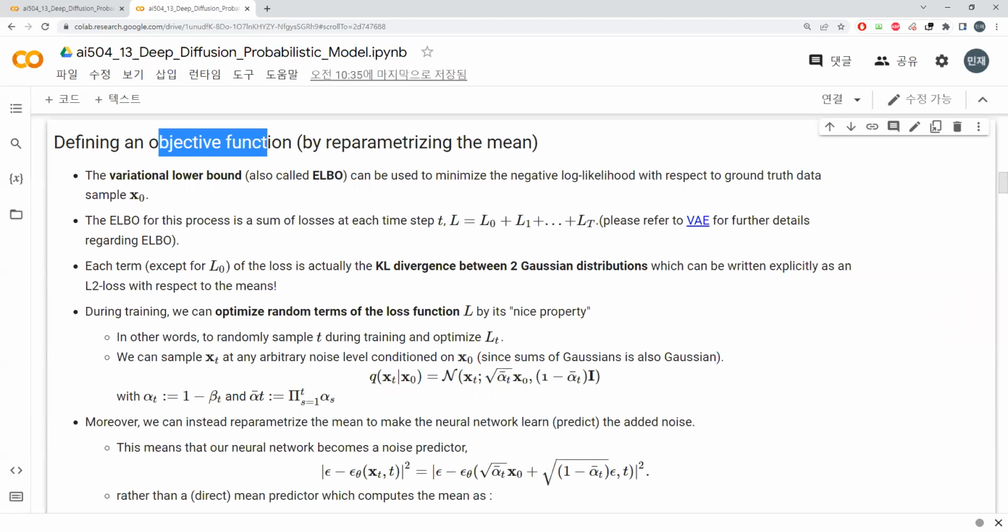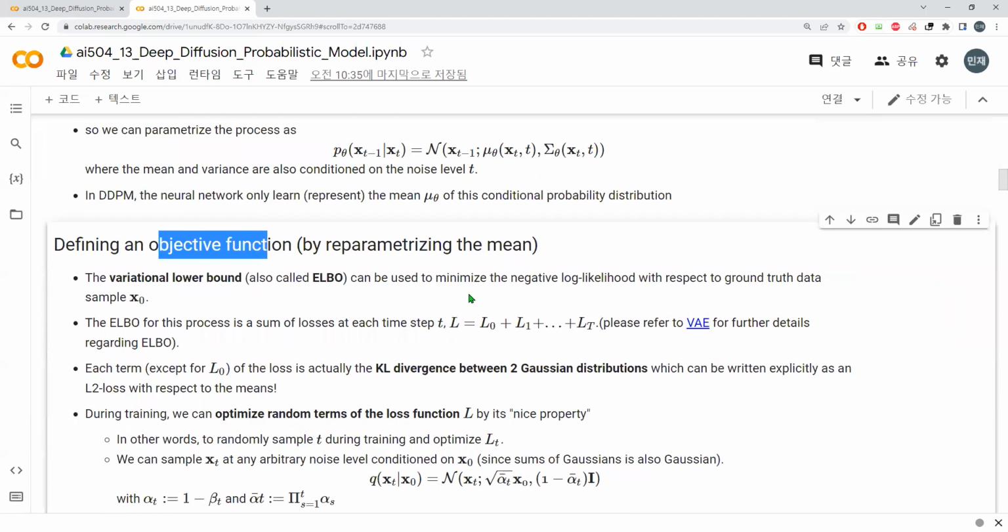I mean, do we use the same pre-trained UNet for all the reverse diffusion process at any time step? And the answer is yes.